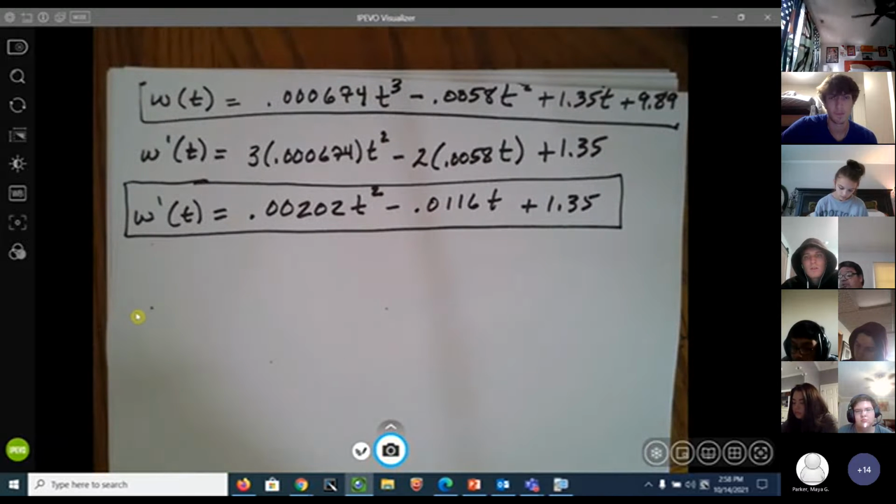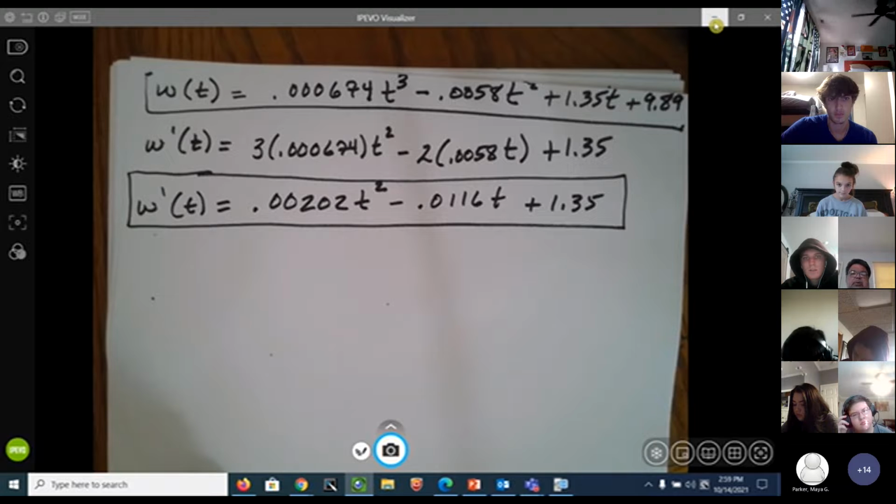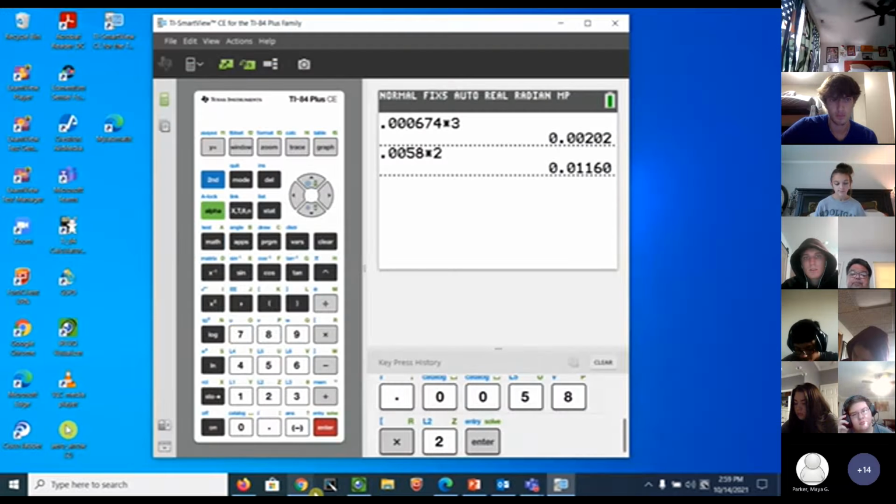So chances are they're going to say, what is the weight of the baby at 3 months? And what is the rate of change of the weight at 3 months? That's probably going to be something like what they're going to say. So let's see what they're going to say.